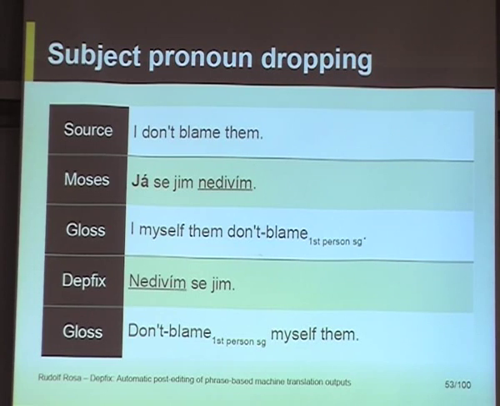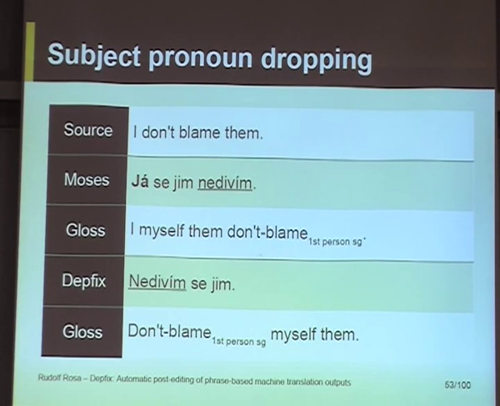Subject pronoun dropping is a nice thing. Usually, or maybe not usually, but let's say often, the translation systems translate all the subject pronouns literally, because, yeah, why not? It's usually not really a mistake, so it's probably the safer thing to do. But still, what we do is that we try to drop the pronouns when it seems that they do not have to be there.